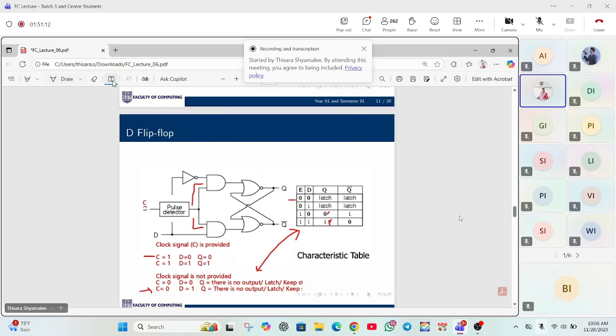So the last two have the clock signal provided, and the first two belong to the clock signal not provided.